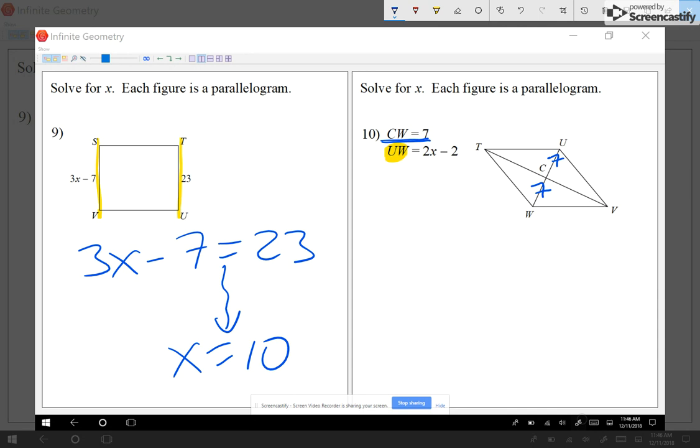Based on the picture, the distance from U to W is 14, right? UW is 14. So I'm going to say 14 equals 2x minus 2. And then from there, you can work it out. The instructions are solve for x. You're done on that. Any questions on this one?